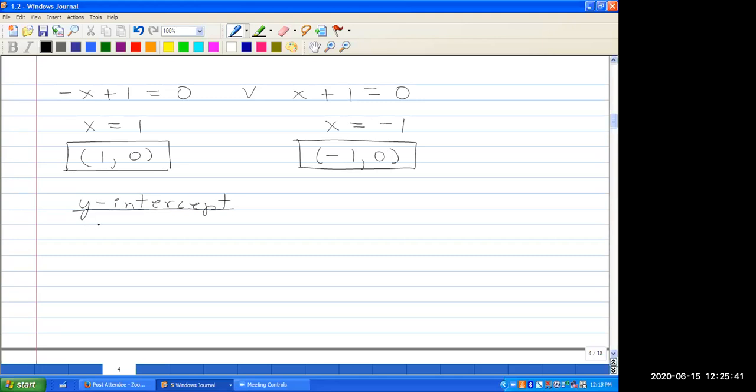Recall, to find the y-intercept, you just set x equal to 0 and solve for y. Well, negative 0 squared is 0, plus 1 is just 1. And so my y-intercept is at (0, 1). So those are my intercepts.